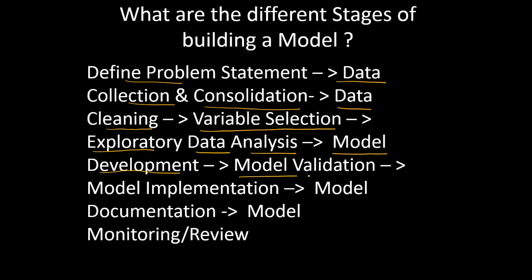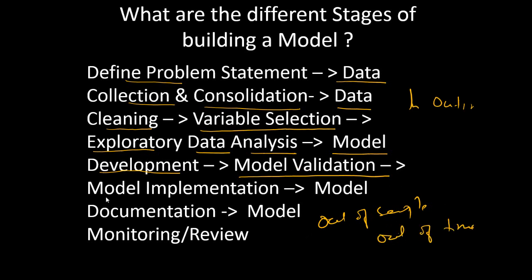and then you validate your model. So once the model is developed, you ensure that the model is going to work on new data. Then you do the out of sample validation and the out of time validation. Then we do model implementation.